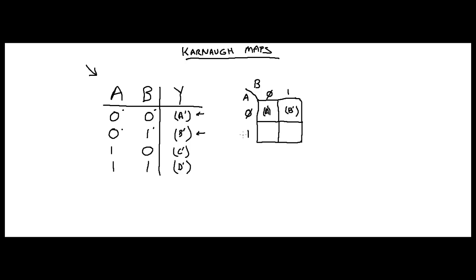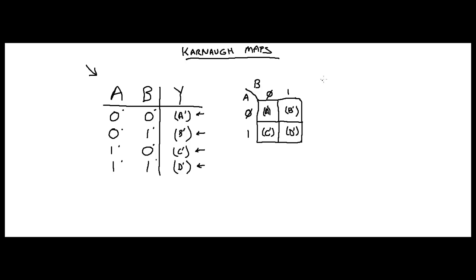When A is 1 and B is 0, looks like you're in this row, right? A is 1, B is 0. Looks like you have C prime. And finally, when A is 1 and B is 1, that's D prime, isn't it? And that's what you would have right here. Got it?